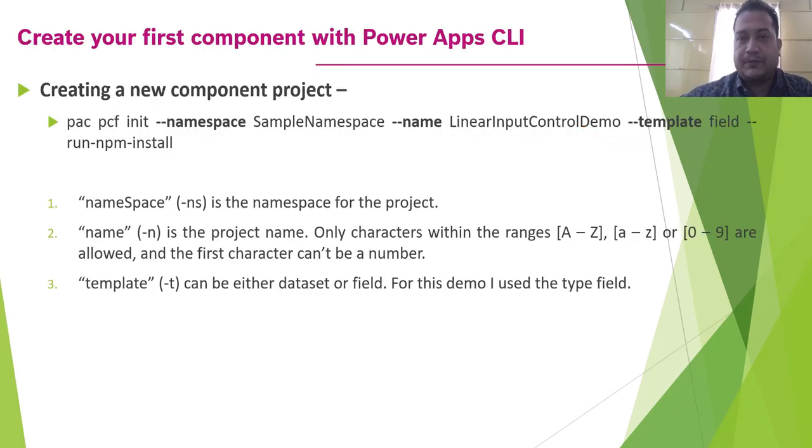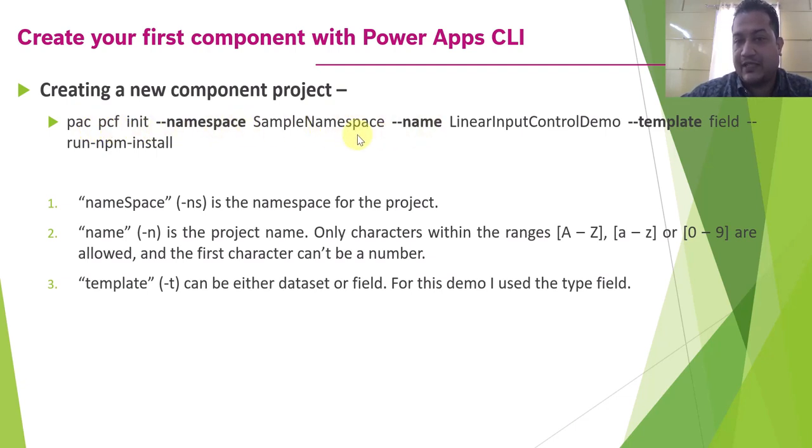So we will be creating our first PCF component, PowerApps Component Framework component, using PowerApps CLI. As I mentioned earlier, I have already created one video on PowerApps CLI. The link I will give you in the description of this video. For creating a new component project, you have to use the pac command, which are called pac commands: pac pcf init --namespace.